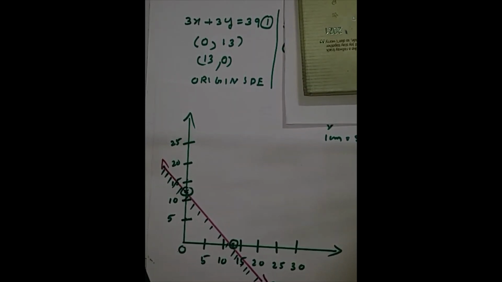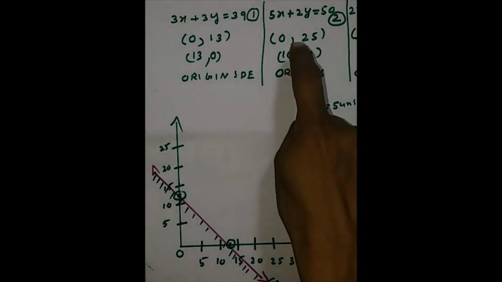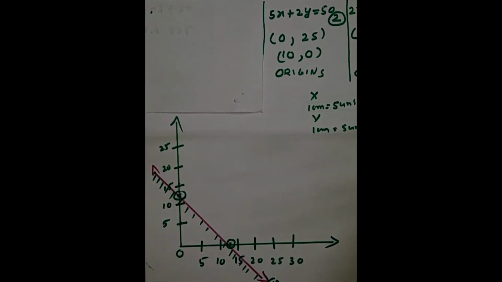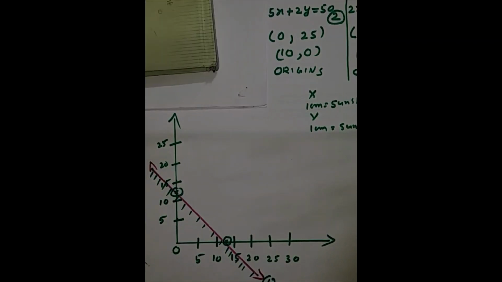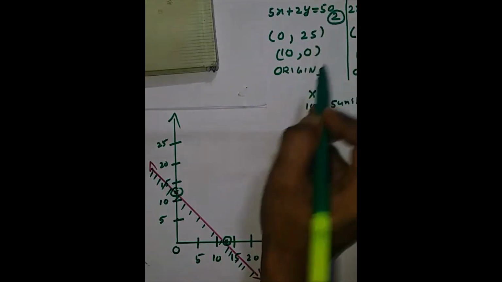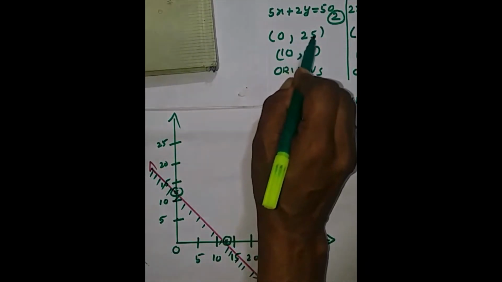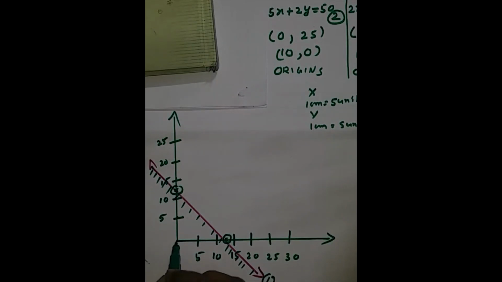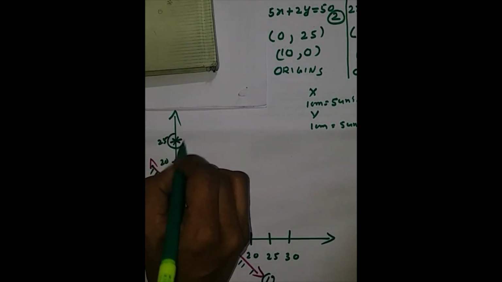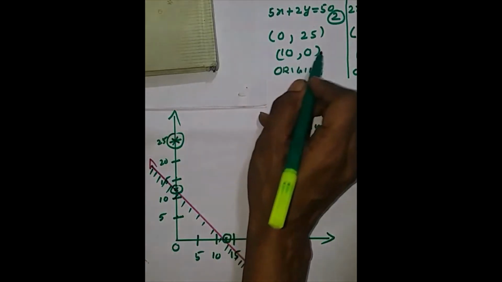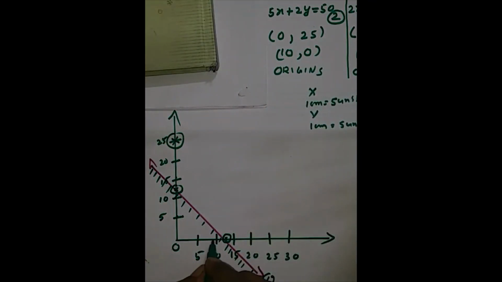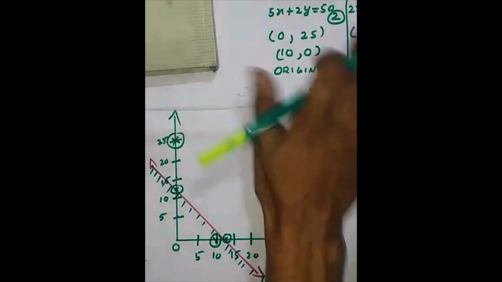Going to the second line. For drawing this line, we require these 2 points. Plot these 2 points: 0, 25 and 10, 0. Join these 2 points, you will get this line.